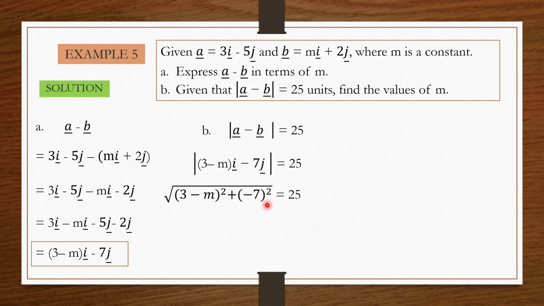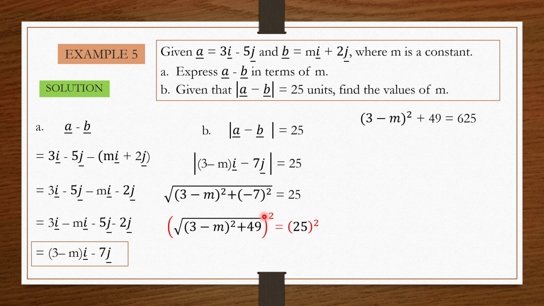So what is next? You have to eliminate the square root in order to simplify this equation. So what we can do, we square both sides of the equation. When you square both sides, square and square root come together, they can be eliminated and left only this. So left 3 minus m in bracket square plus 49 equals 625.